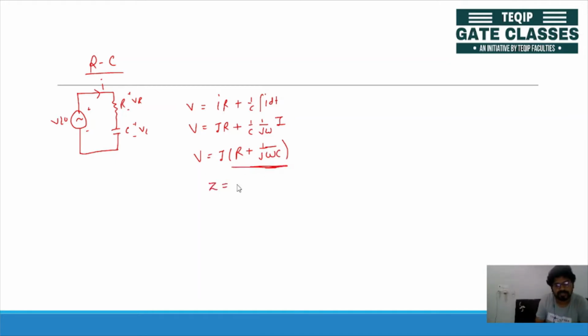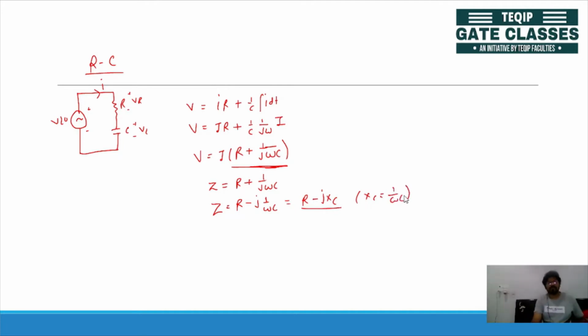Means your impedance for this circuit is R plus 1 upon j omega C, or you can say Z is equal to R minus j XC, where XC is equal to 1 upon omega C. Okay, clear?